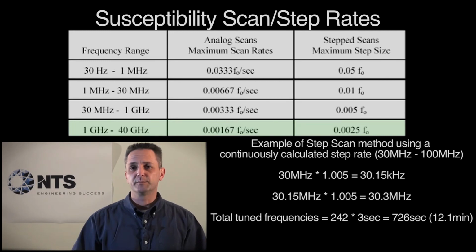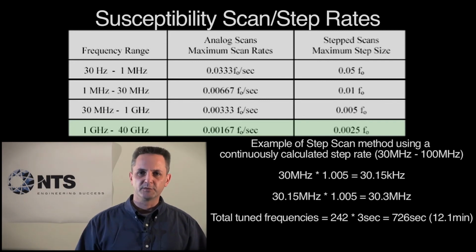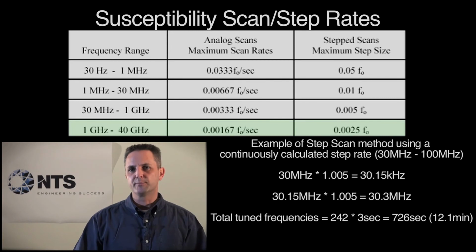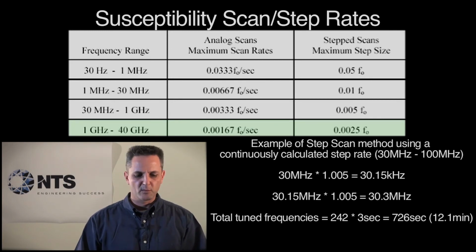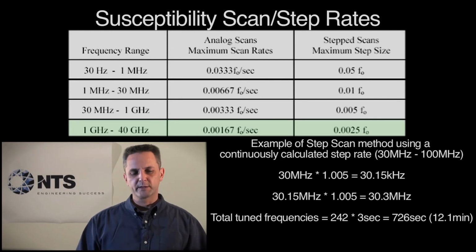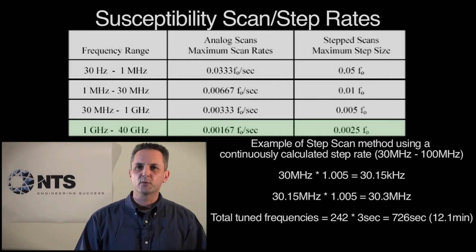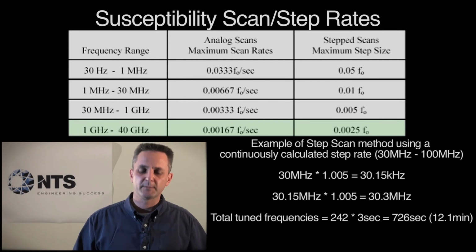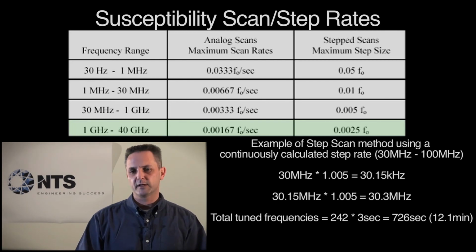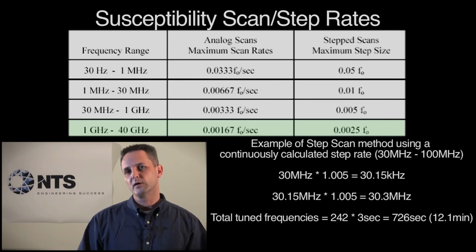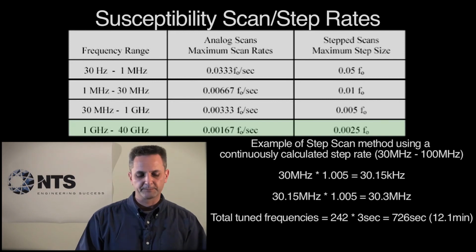The next step would be recalculated at 30.15 megahertz being your F0, multiplied again by 1.005 equals 30.3 megahertz, and so on and so on. The total number of tuned frequencies for this range would be 242 steps multiplied by a specified dwell time of 3 seconds, equals 726 seconds or 12.1 minutes for that entire range.